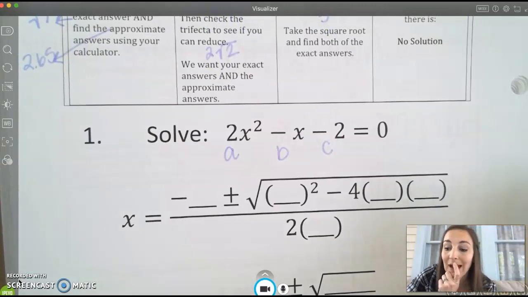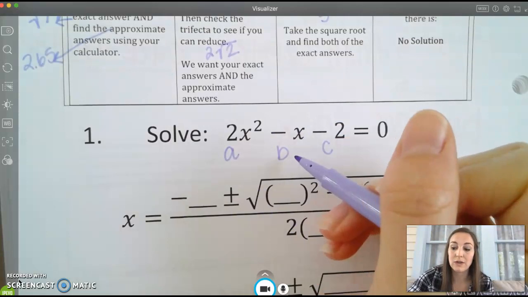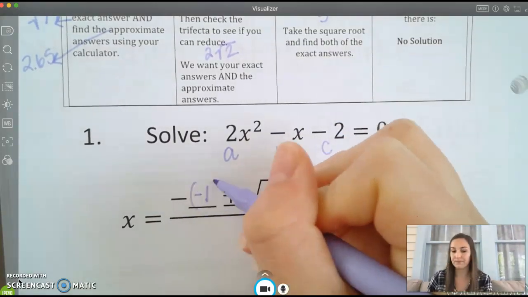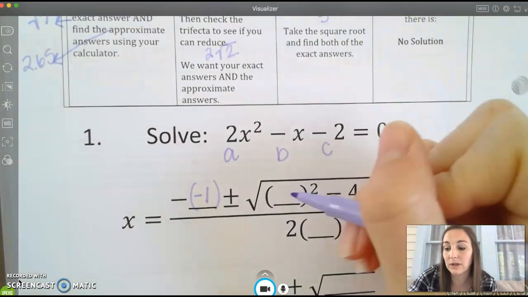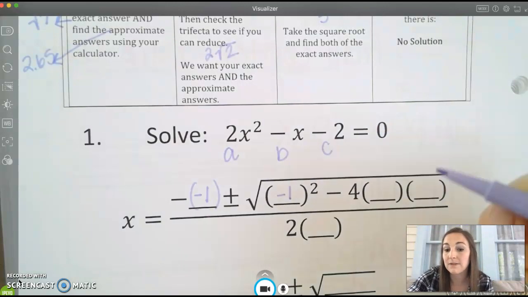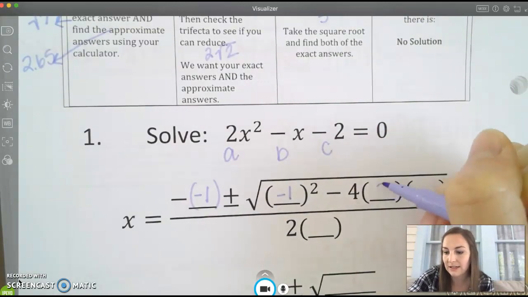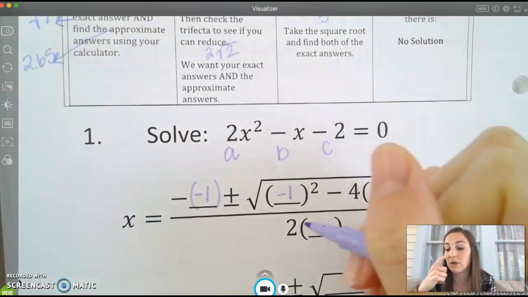So we have the opposite of b. So b here is -1, so that would mean I would do -1. Then I want to do b squared, so (-1) squared, minus 4 times a, and a is 2, and c is -2. And that's all over 2a.